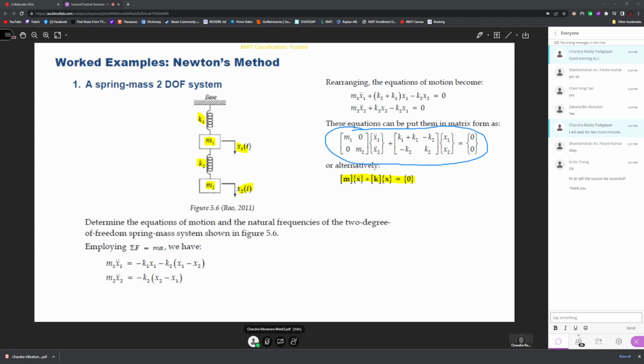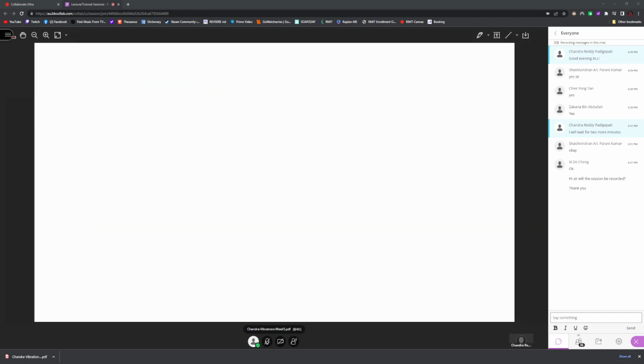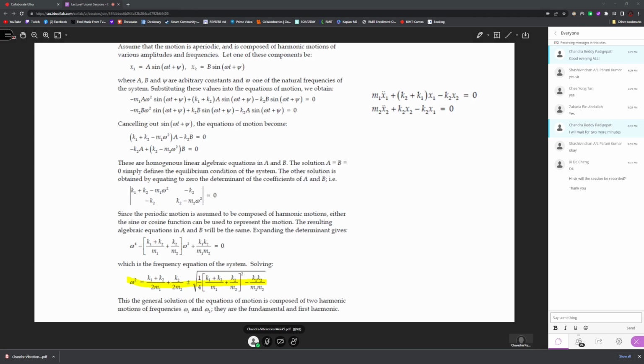So we can simply write the 2-degree freedom equations of motion in matrix form like this. So a mass matrix multiplied by the acceleration matrix plus the stiffness coefficient matrix multiplied by the displacement matrix. Okay, I'm skipping through this because we have done this in the last session.